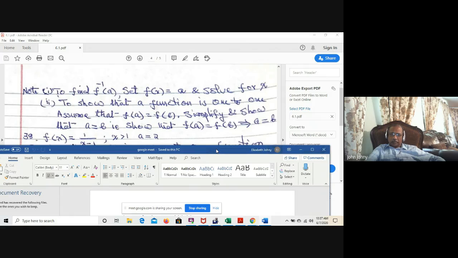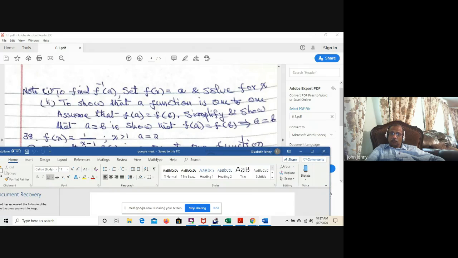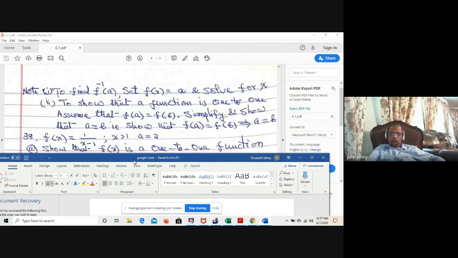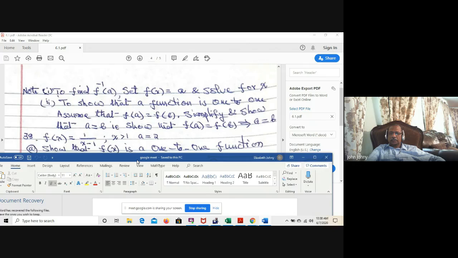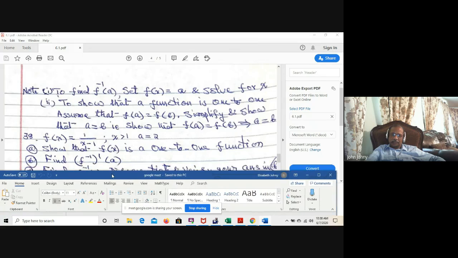Okay, here, question number 38. It's a little long problem. f(x) is 1 over (x minus 1), x is greater than 1 and a is 2. You are asked to show that f(x) is a one-to-one function. That is the first part of the question. Then the second part is you have to find the derivative of f inverse at x is equal to a, using the theorem that we discussed.